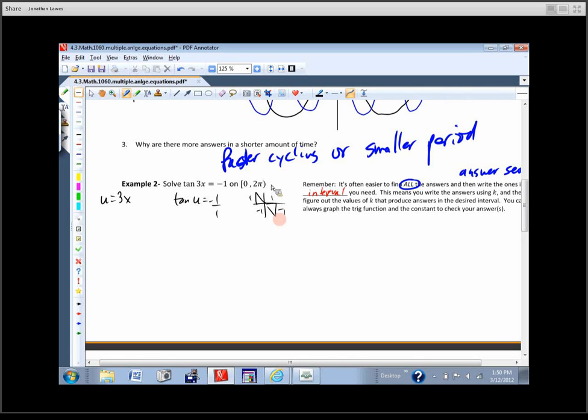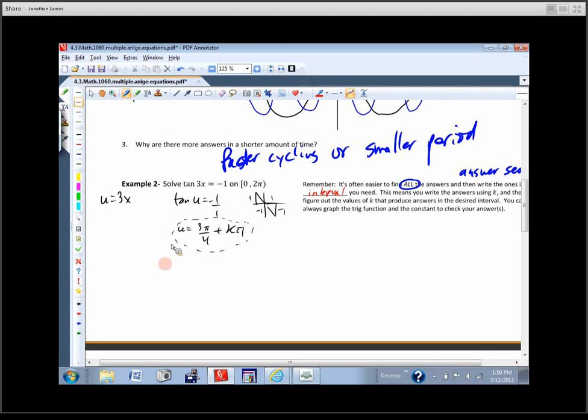Now we do need to answer this one in terms of pi. So this one's going to be, well, let's get this positive answer first, right here. So that's going to be u equals 3 pi fourths plus k pi. There's the answer set. Is that the answer set we need in terms of the variable that we need? Nope. So we're going to come back here and we're going to replace this.